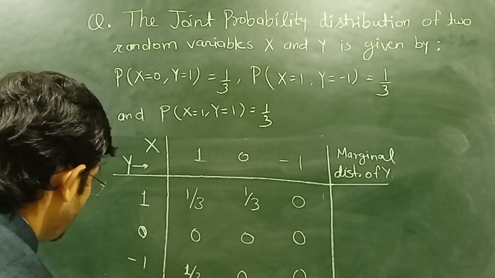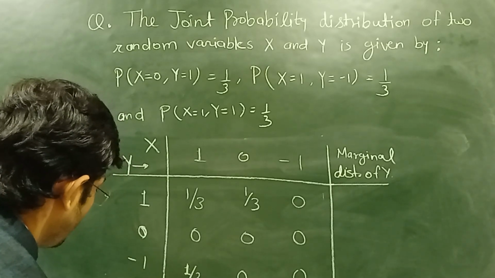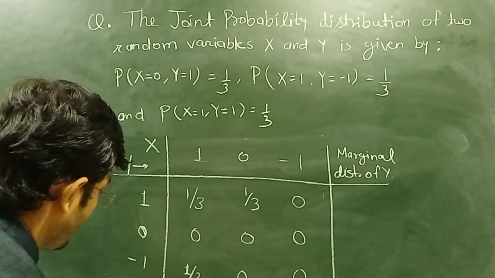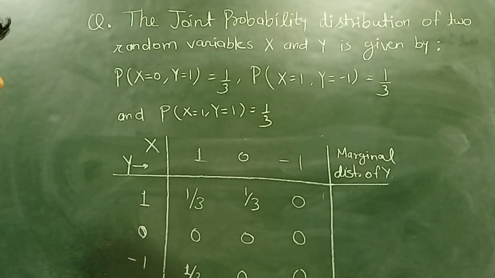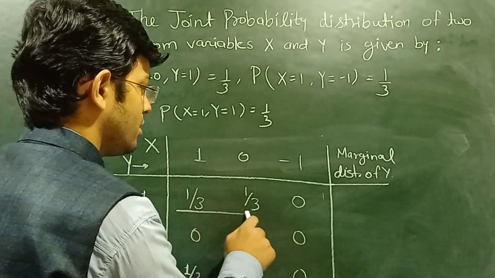So this is the marginal distribution of x. Now we simply add the values in this row.